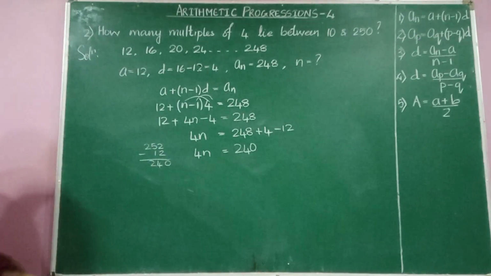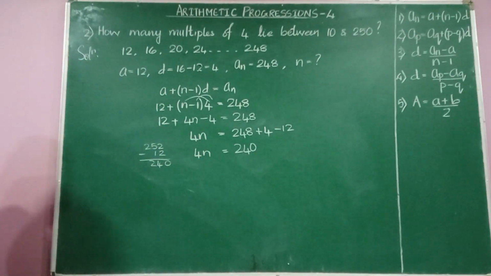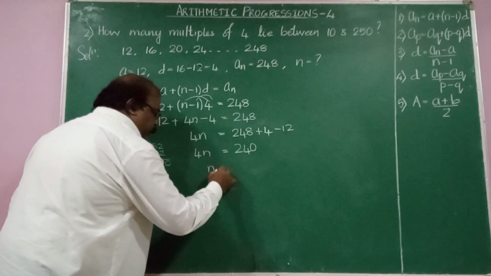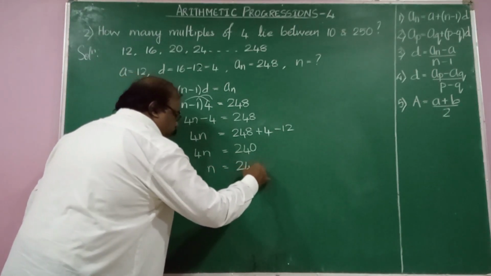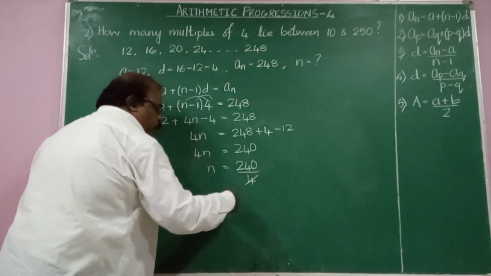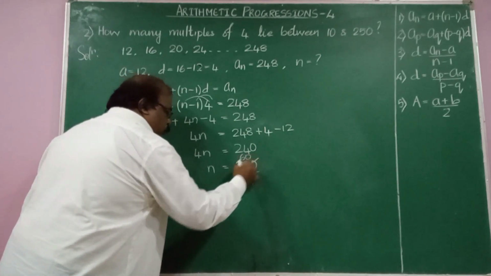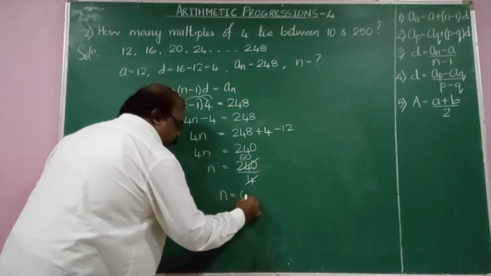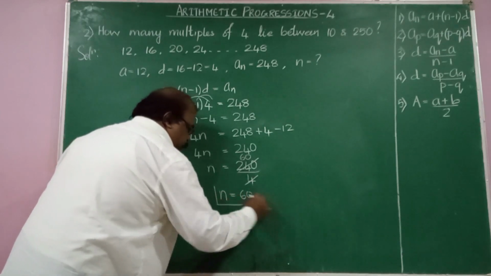So 4n equal to 240. So what would be the value of n? n would be 240 divided by 4. 4 sixes are 24. So n is equal to 60.